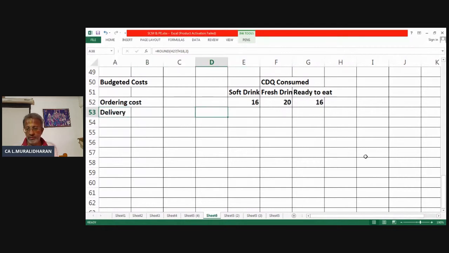Delivery: 13, 60 and 20. Shelf stocking: 15, 170 and 92.